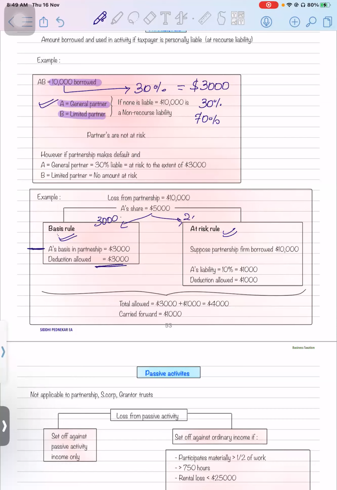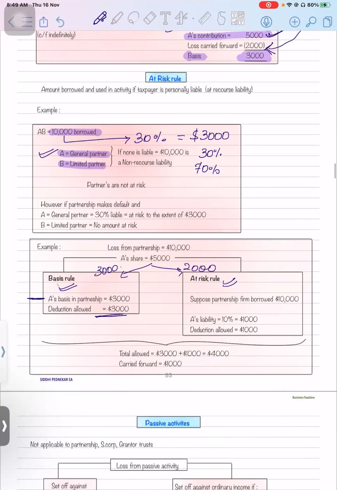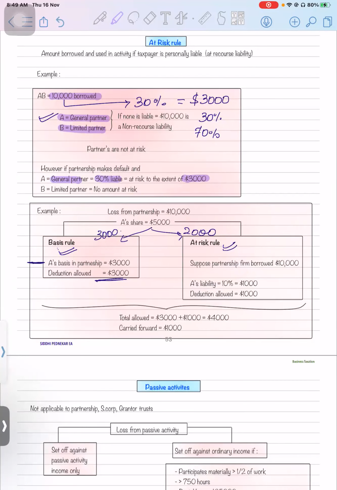For the next 2,000, we will check what amount he is at risk. He is at risk for $3,000, right? Just a minute. Here they have changed the liability to 10% now. General partner 30% liable, at risk to the extent of 3,000. Yeah, if we take the 3,000, the whole amount will be allowed.